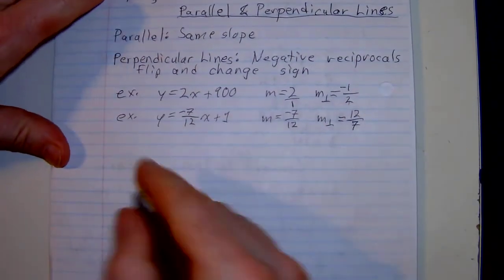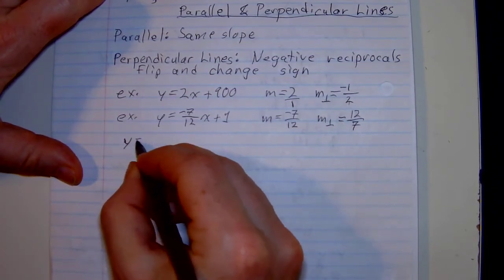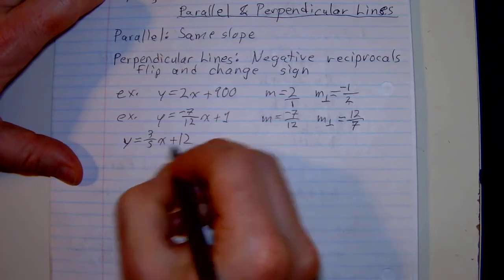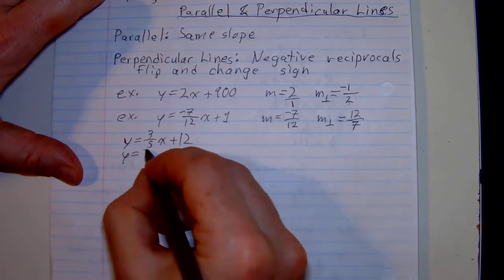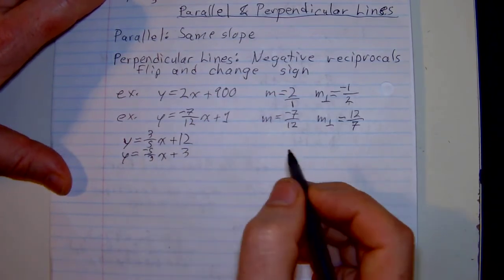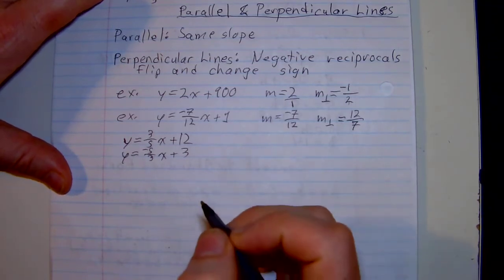So the types of questions you'll see is, for the pair of lines y equals 3/5 x plus 12 and y equals negative 5/3 x plus 3, are they parallel, are they perpendicular, are they neither, or are they just the same line?